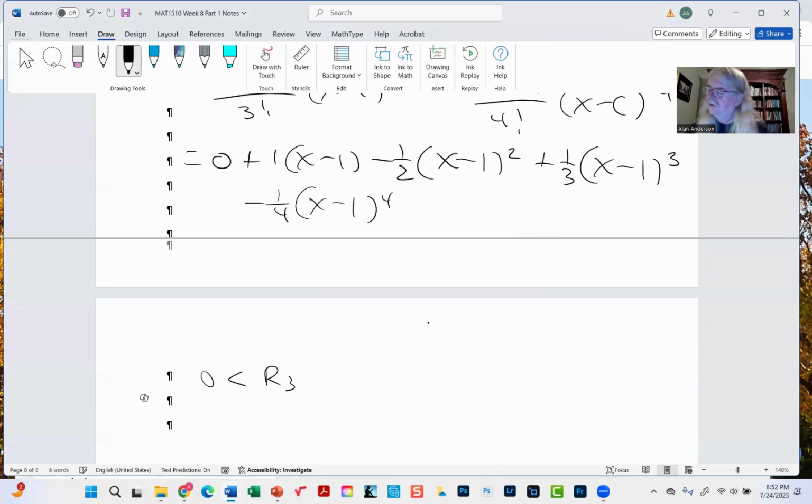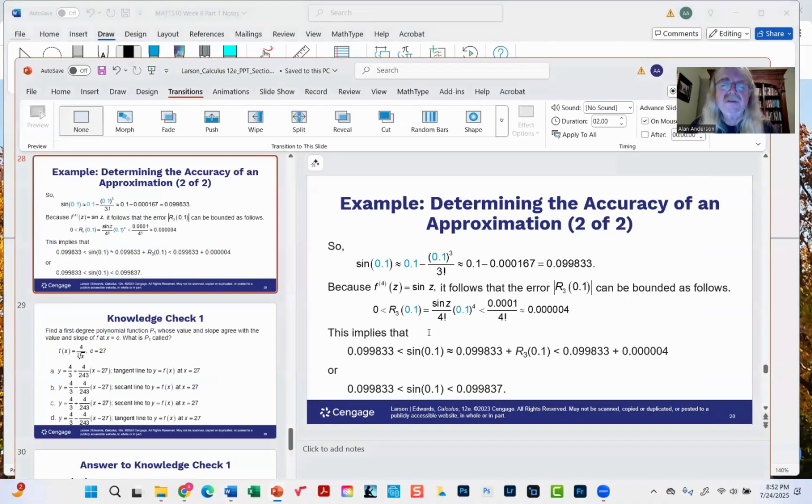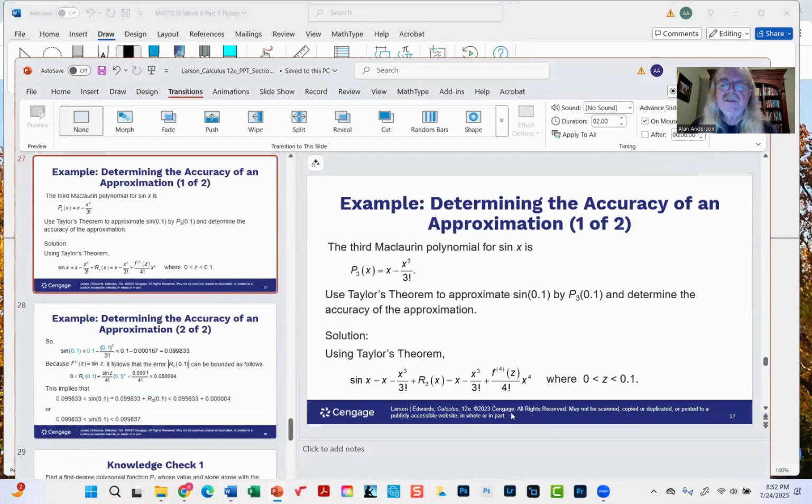Now remember, R3 is the remainder of this function evaluated at 0.1 using a Maclaurin series. We know that the formula tells us that this is going to be f to the fourth derivative of z over 4 factorial times x to the fourth.